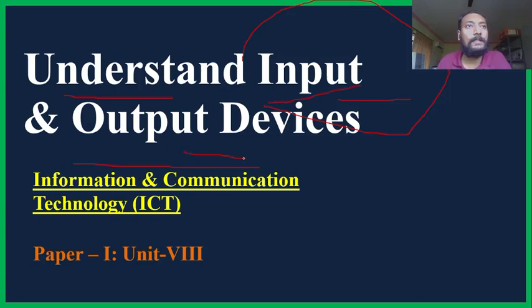Input means through which we are putting our information into the system, like using our mouse and keypad. All these are input devices through which we put information or data inside. Output means what is coming from inside.